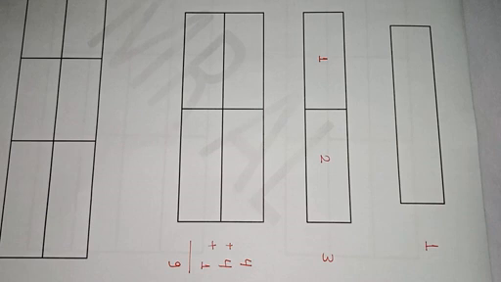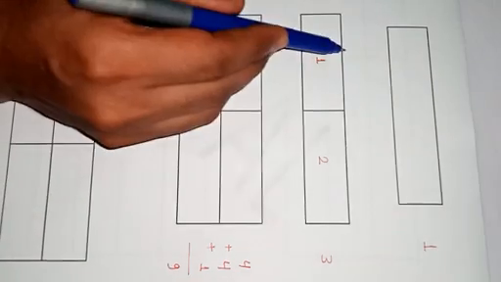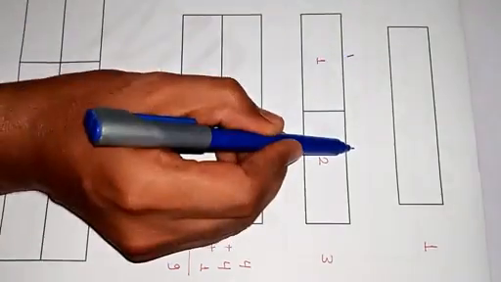In another way, there is a rule to find the number of rectangles without counting in that way. We have to number the rectangles vertically and horizontally. That way, 1, 2.